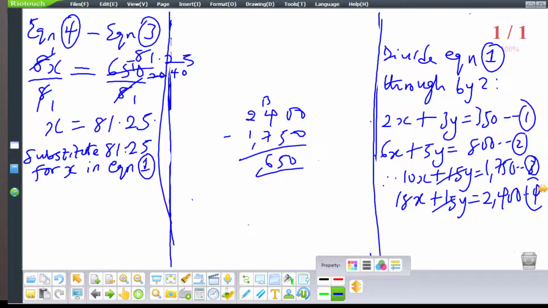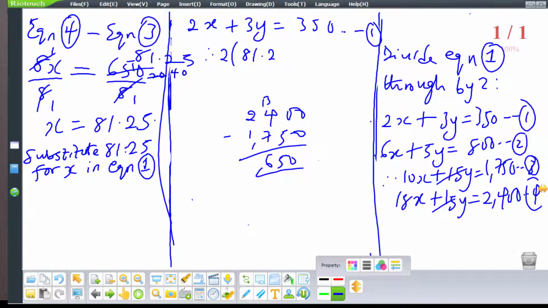Recall that equation 1 says 4x, which we have broken down to 2x, plus 6y, which is 3y, equals 700, which is 350, when we divide all by 2. So this is our equation 1. So let's substitute 81.25 for x in this regard.